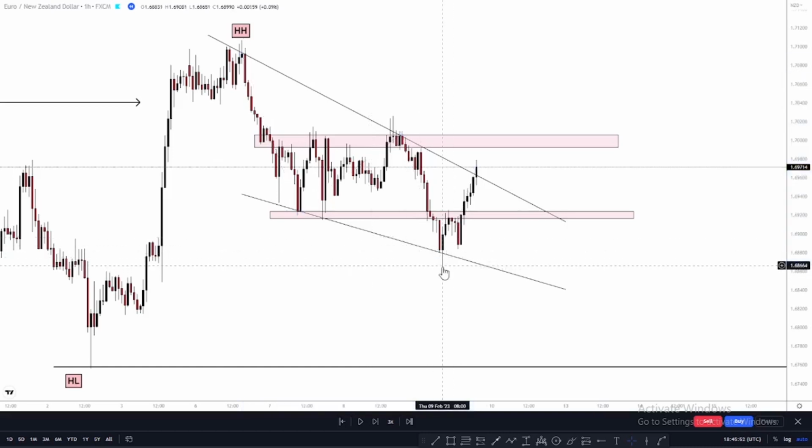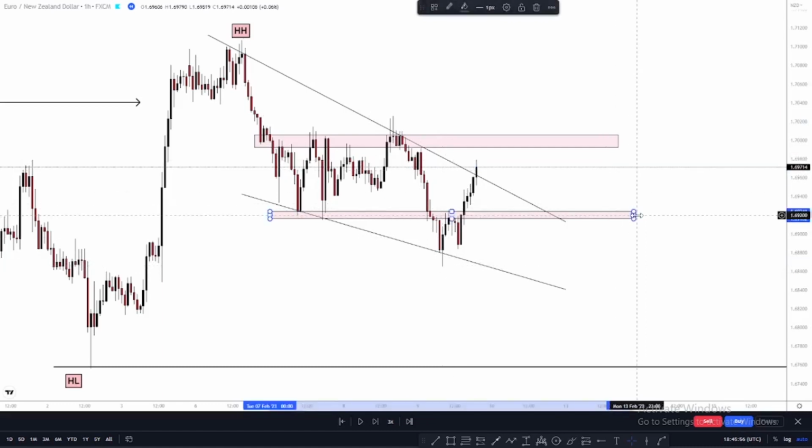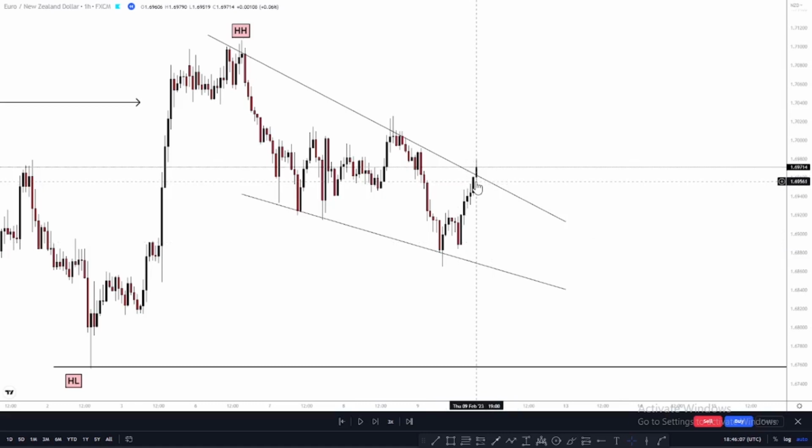What I'm saying is, under normal circumstance, if price is to break out from a channel like this, you are good to go in for buys. But from my experience, what I can also see is price was creating what? An inverse head and shoulder pattern.